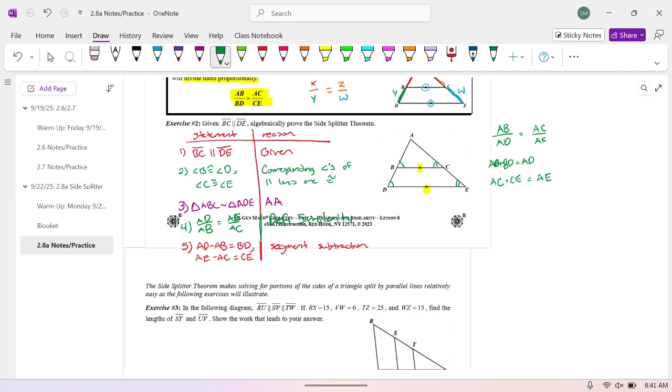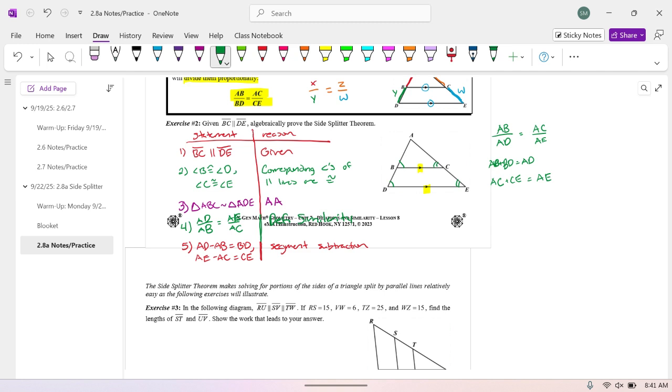So if we're dividing the bigger by the smaller, and I know that I get BD and CE from there, wouldn't it stand to reason that if I multiplied them, I would get the same thing?